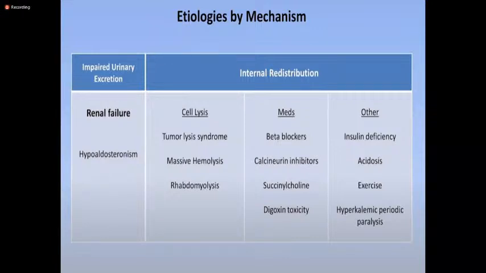It can have the effect of drugs, mostly beta blockers, and also digoxin toxicity can be associated with hyperkalemia. If you have insulin deficiency, acidosis, exercise, all this, they usually promote entry of potassium into the cell. So if there is insulin deficiency, you'll have hyperkalemia because there is no movement of potassium into the cells.